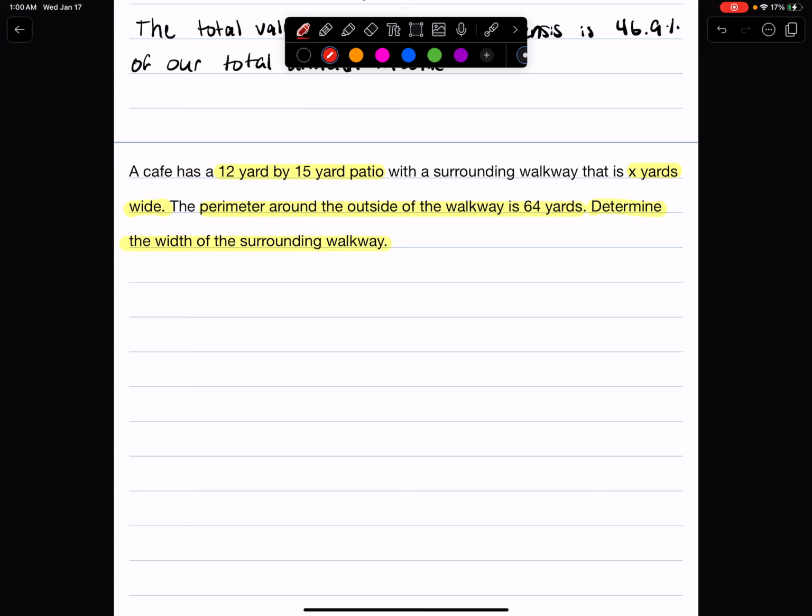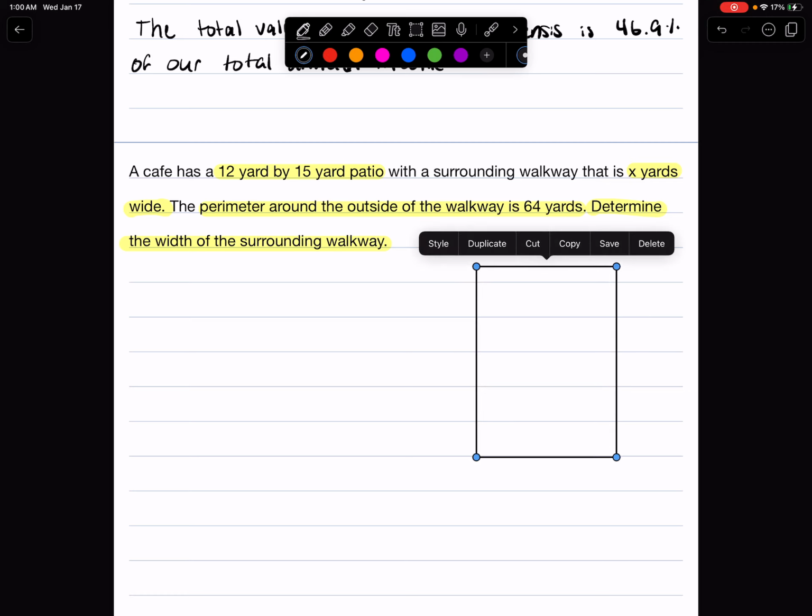All right, so this is a geometry problem, and let's draw a picture of what we have. So we have this patio. And we know that one side is 12 yards and that the other side is 15 yards.